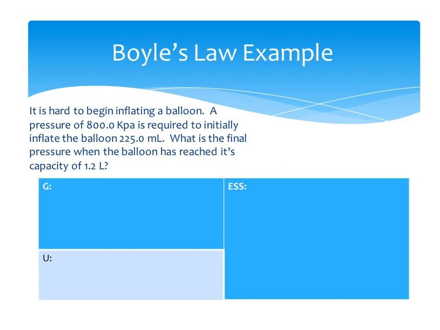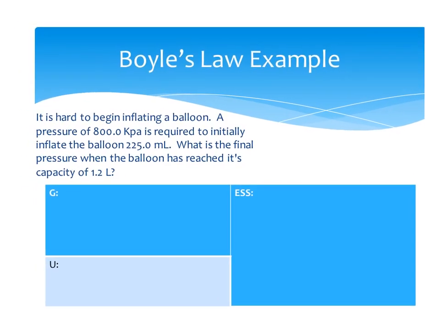All right, so we'll give what is given. I'm going to go ahead and circle the variables. Let's go ahead and use black. All right, so we have 800 kilopascals, 225 milliliters, 1.2 liters, and we are looking for the final pressure.